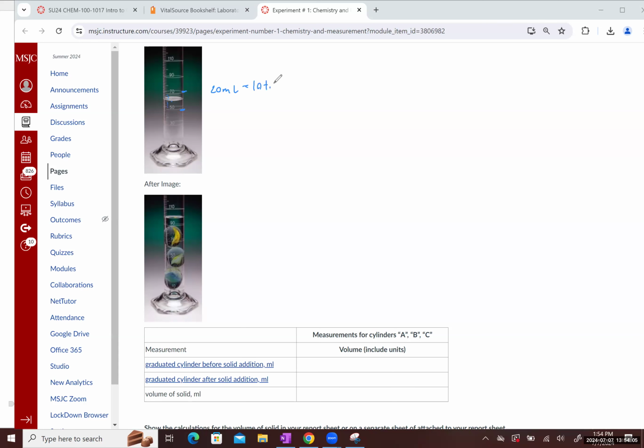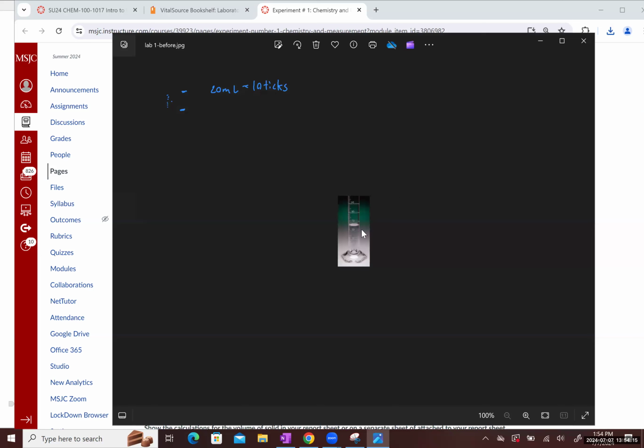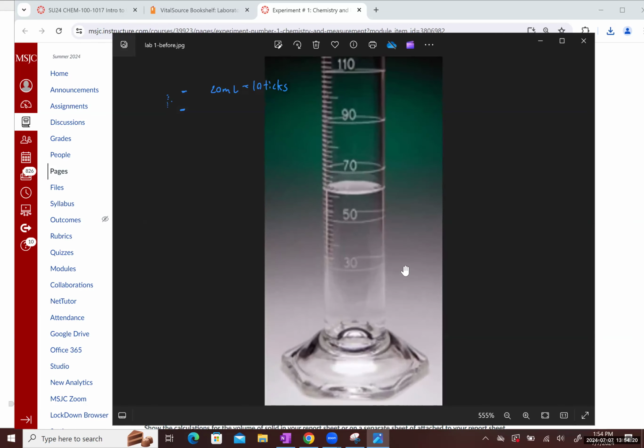It takes us 10 ticks. You can also import the image into an image viewer and upsize it however you please. So let's do that on the upsized image just to make it easier to see what's happening here.